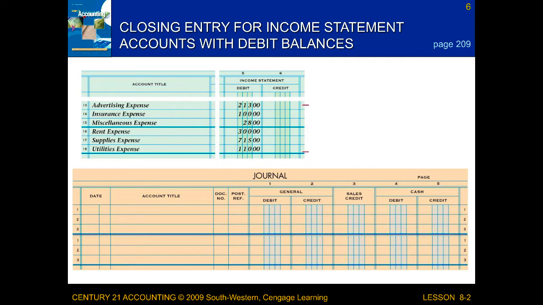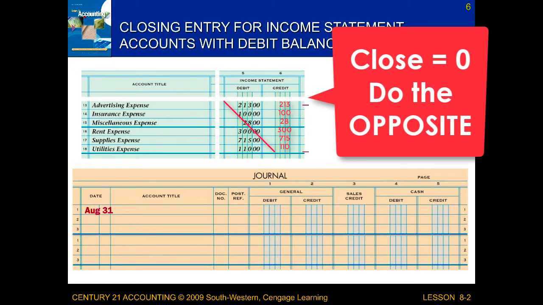Let's take a look at what the closing entry would look like journalized for our expense accounts. In this case, we start with the date, so it'd be August 31st, and I'm listing the debit account first. All of these expenses are currently debits. In order to get them to zero and closed out, I'd be doing the opposite, so I would be crediting them.